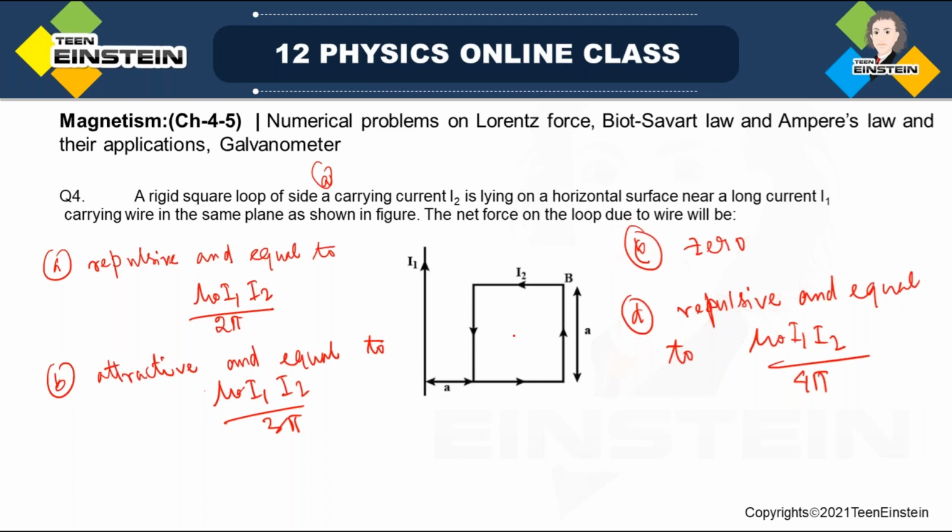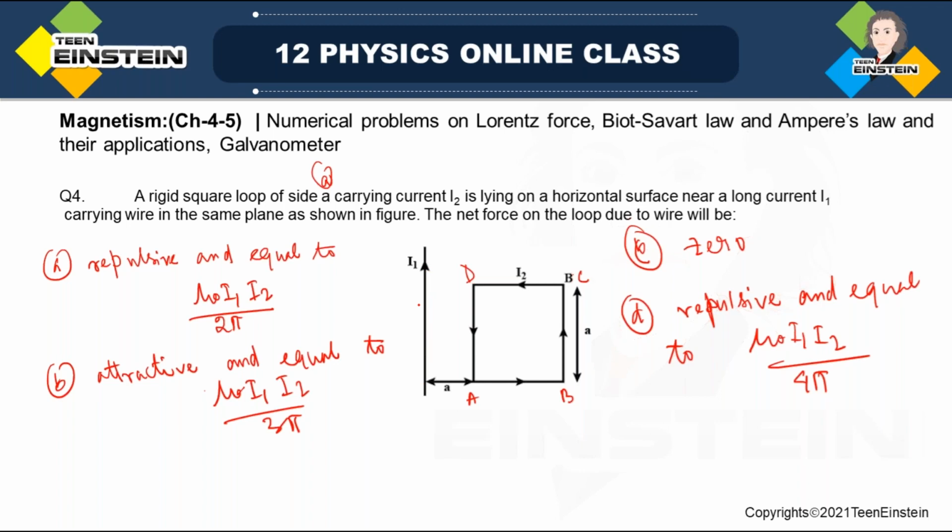I can just give a name to this. If I say this is A, B, let me say C and this is D. Okay, so this ABCD loop is carrying current I2. It is near to another long current carrying wire which is carrying current I1.